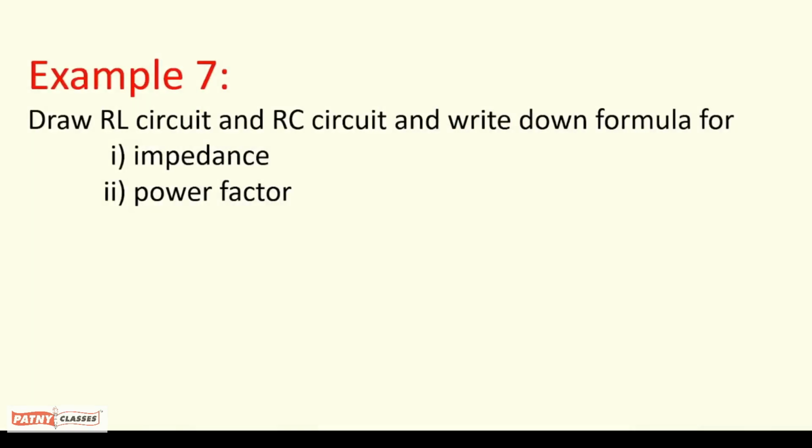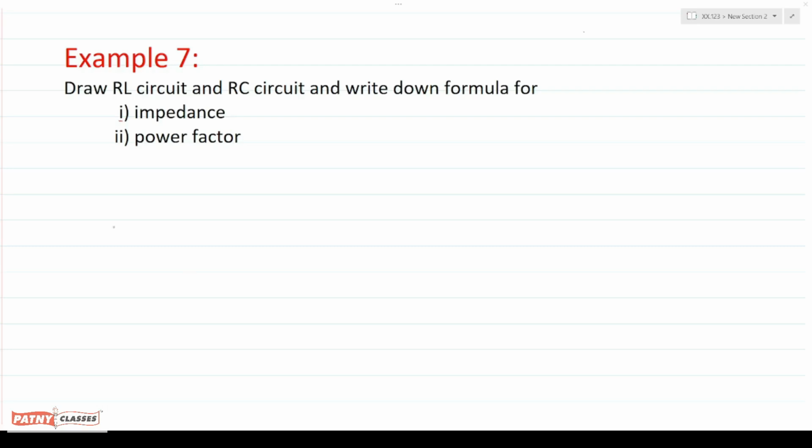Example 7. Draw RL circuit and RC circuit and write down formula for impedance and power factor. There are two parts. One is RL circuit, another one is the RC circuit.